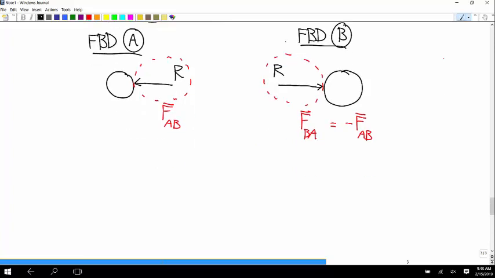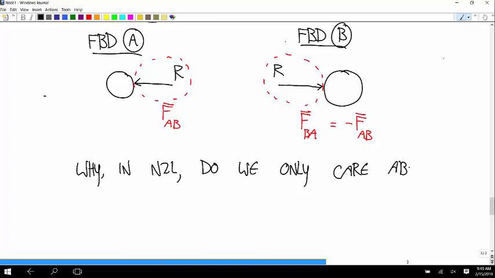Okay, so one more question. Why do we only care about, in Newton's second law, only care about loads that are applied to the chosen body by the surroundings?